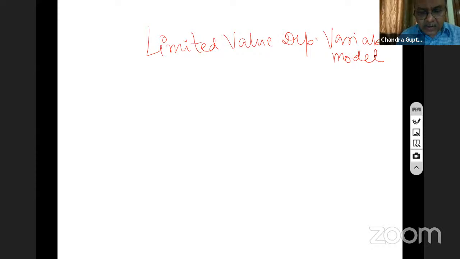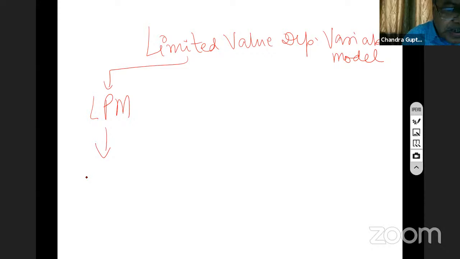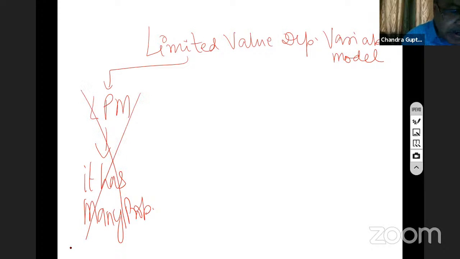That's the model we started with. To begin with, we started with the linear probability model, and we found it has many problems, and therefore we discarded it.